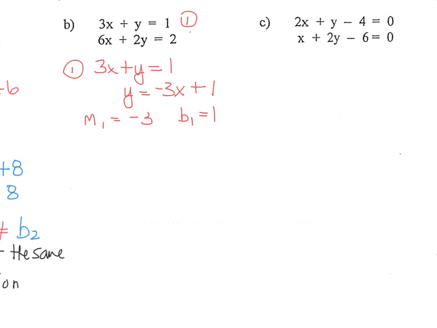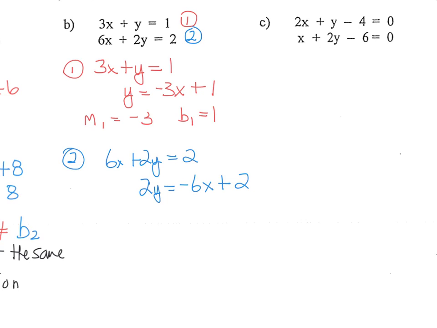Going with a different color for the second line, we have line 2. We have 6x plus 2y equals 2. We rearrange this to 2y equals negative 6x plus 2.